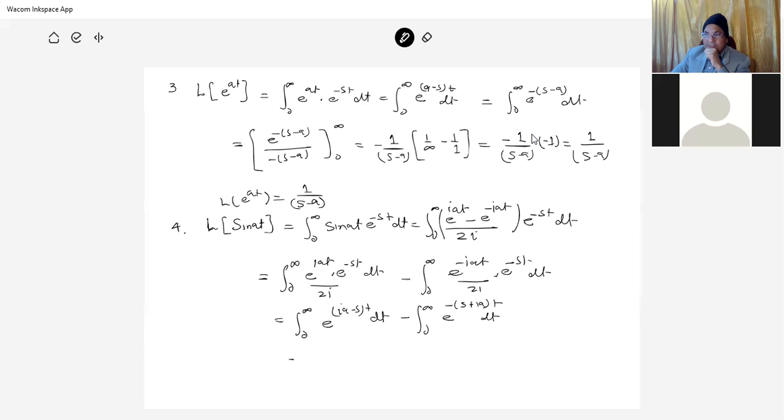So this value is 1 upon s minus ia, and here it is 1 upon s plus ia. So we'll get this one as 1 upon s minus ia minus 1 upon s plus ia.